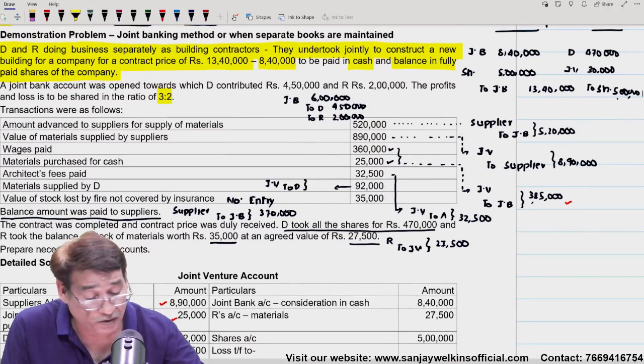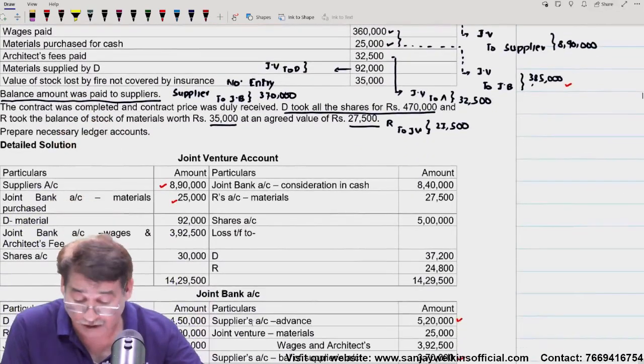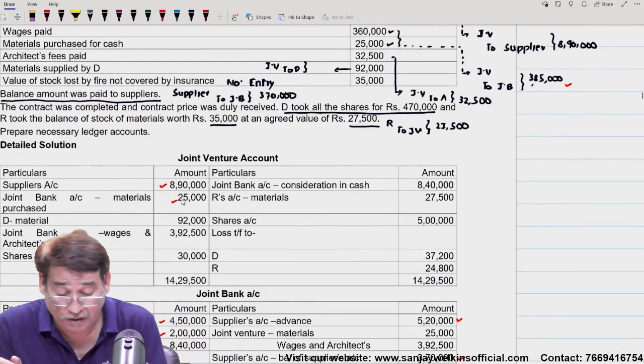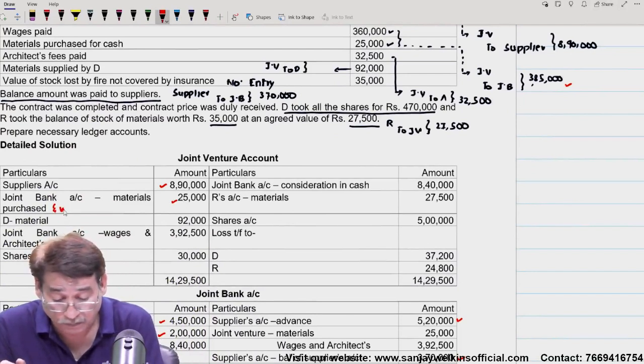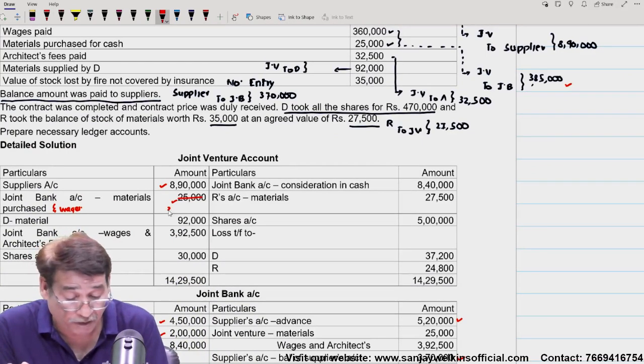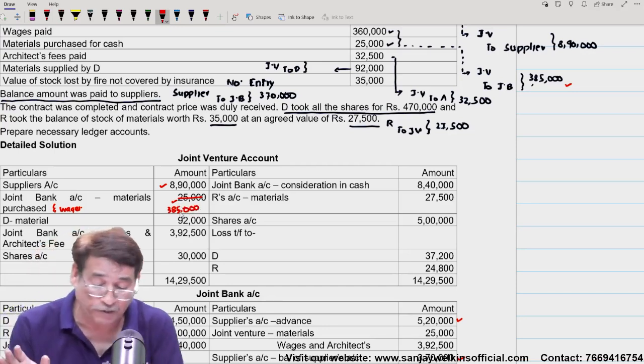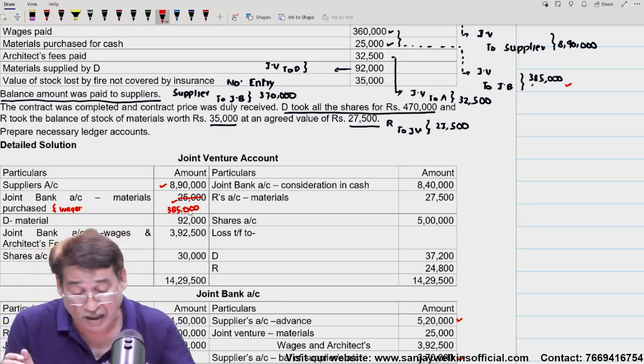It should be 385, material and wages. Material and wages is 385. I think in your notes it will be okay. In case it is not given, just write 3,85,000.